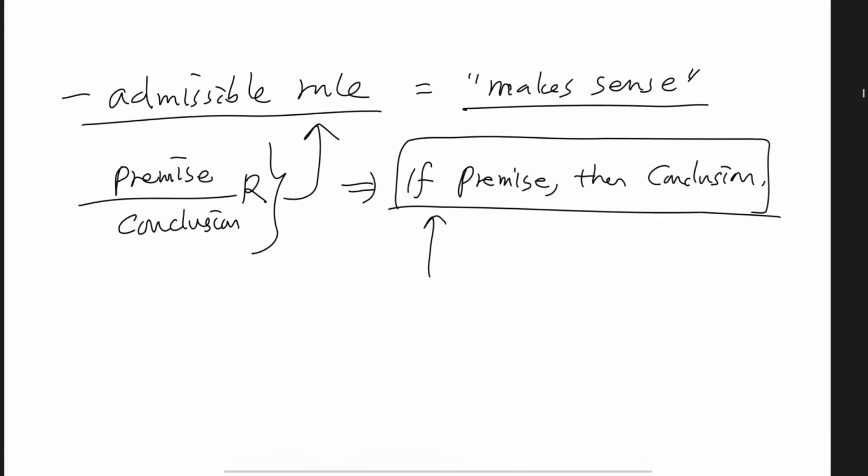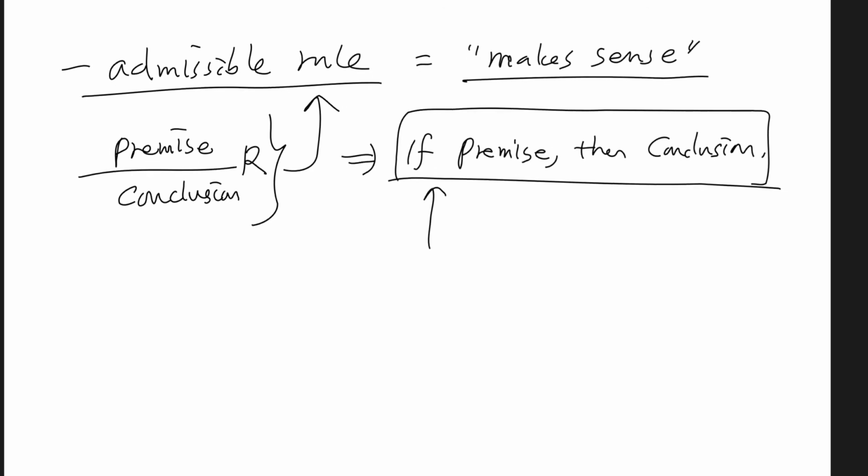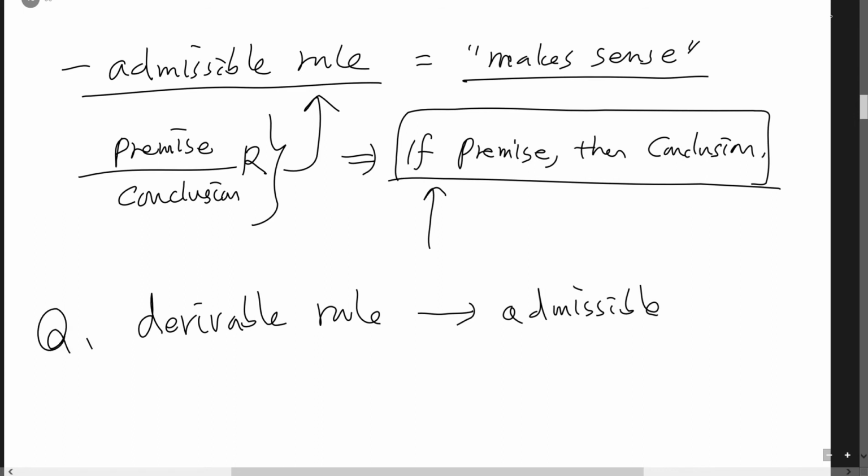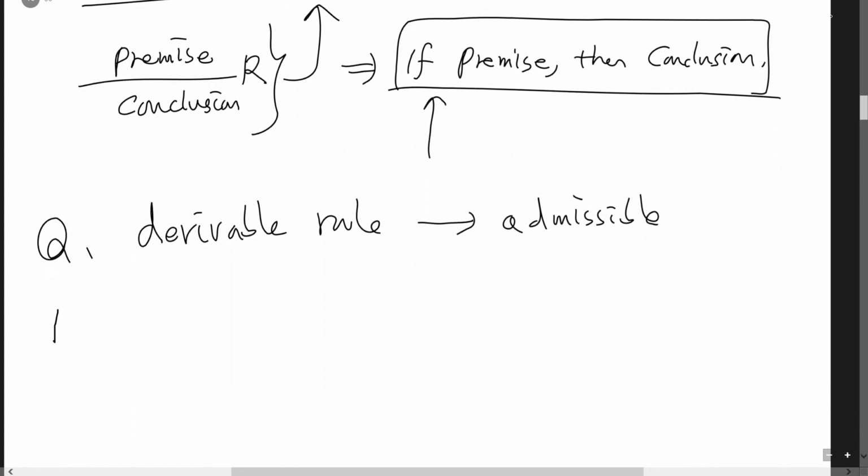Then here's a simple question. Suppose that you have a derivable rule. Is this admissible? And the answer is yes, because you can always justify a derivable rule.